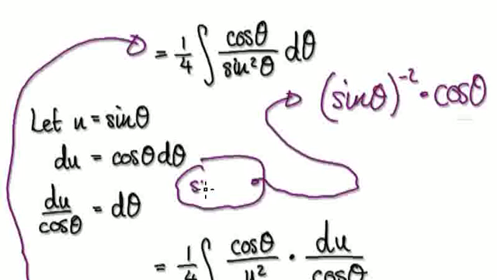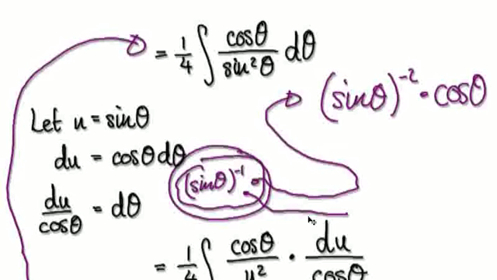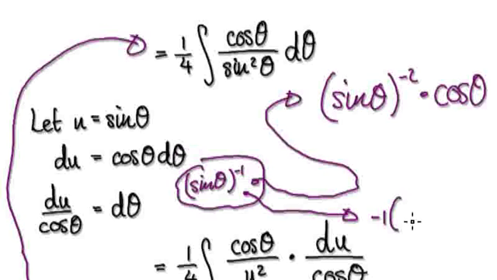make your initial guess to be sine theta to the power of -1. Because if you differentiate this, the -1 comes down, the power of sine theta gets reduced by 1, and then you times with the derivative of sine theta, which is cos theta.